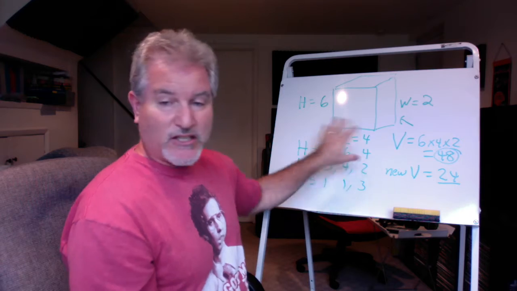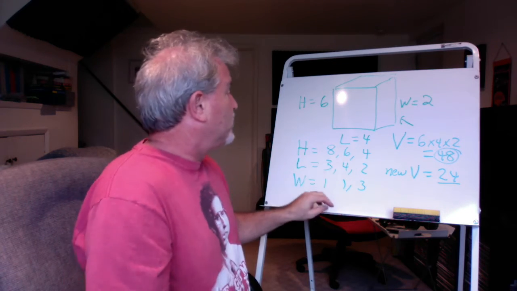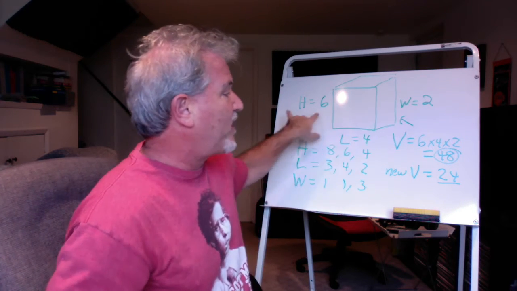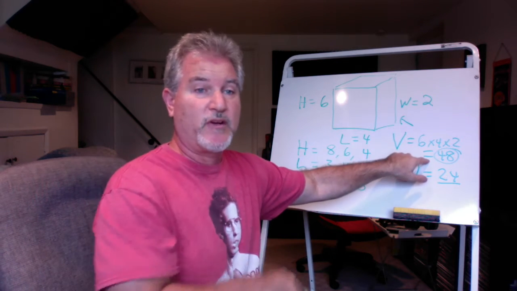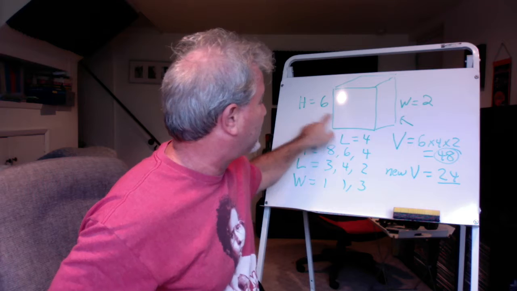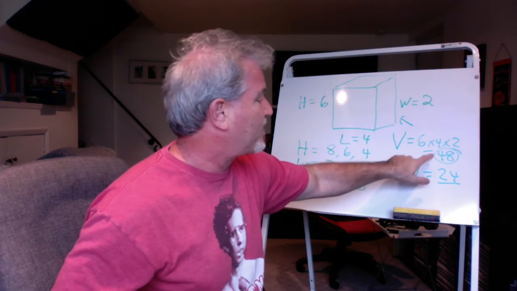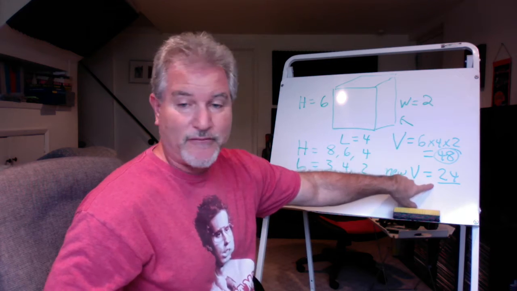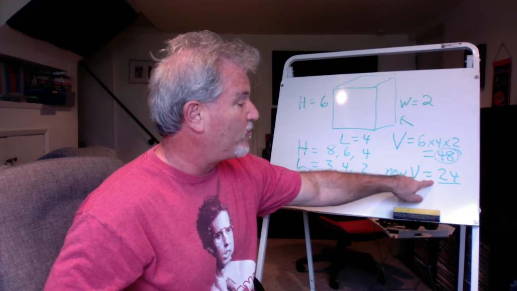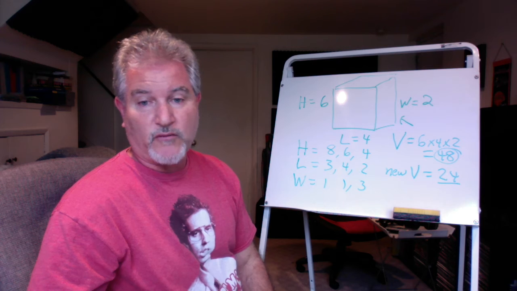So basically you get the gist. So don't just cut these in half. You have to figure out what the total volume is, just like we've been doing in previous exercises. You take 6 times 4 times 2, and that's 48. And now we're going to cut that in half, and we need to figure out a cube that's 24 total volume.